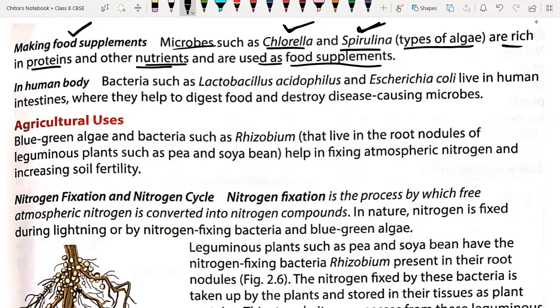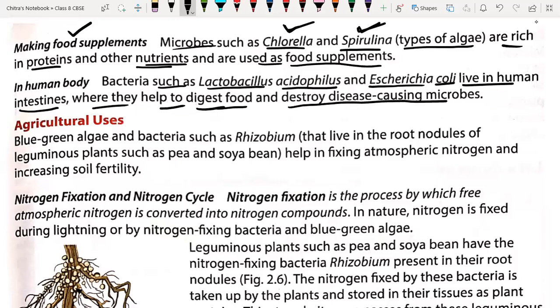In the human body, there are bacteria such as Lactobacillus acidophilus, this is the name and species of the bacteria present in milk, and Escherichia coli, which live in the human intestine. See, they grow in our intestine, where they help in digestion, they help to digest the food and destroy disease-causing microbes like Clostridium.